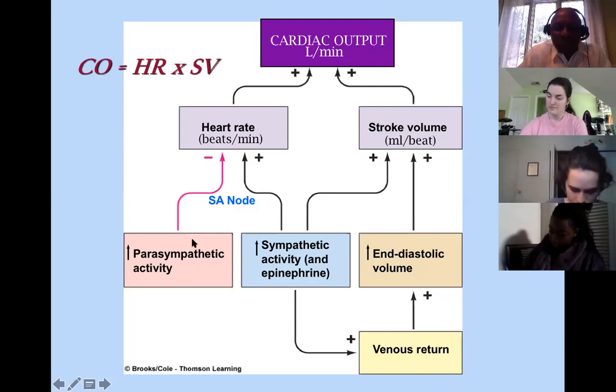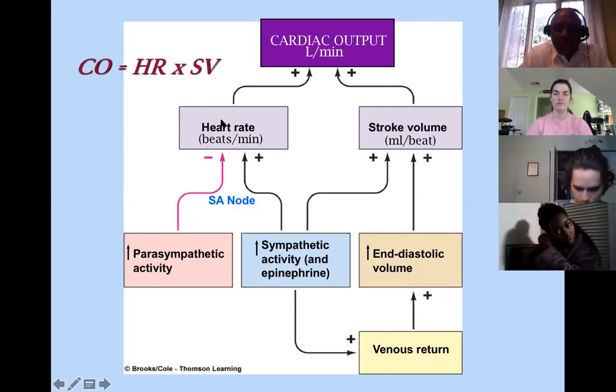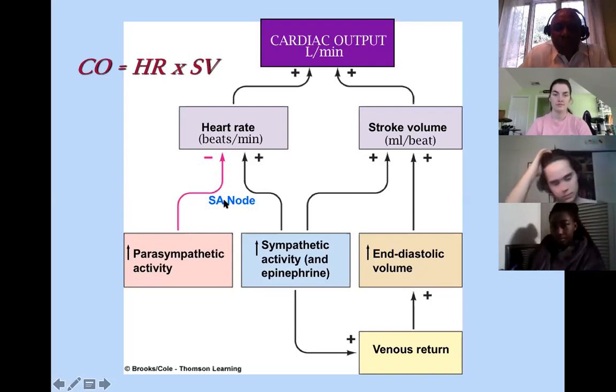Of course, you know that an increase in parasympathetic will put a brake on the SA node and therefore put a brake on heart rate. We've said the normal SA node is 80 to 100, but parasympathetic puts a brake and reduces the heart rate from 80 to 100 to 70, okay?